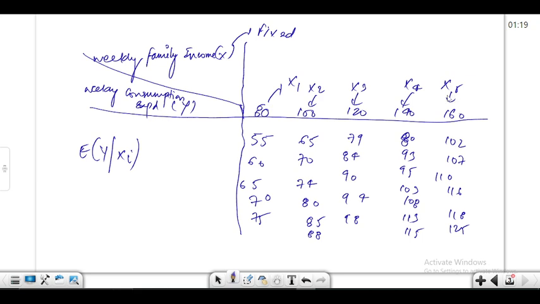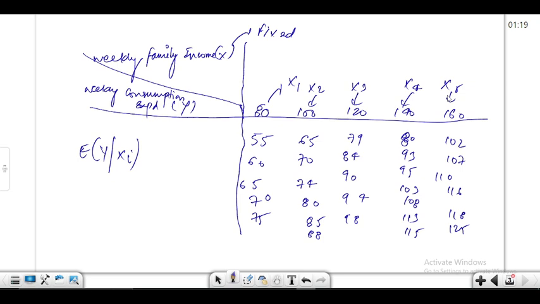Given each xi, what is the expected value of my weekly family consumption expenditure? If supposedly there are five families with weekly family income of $80, what is their average weekly consumption expenditure? That is what I have to calculate.